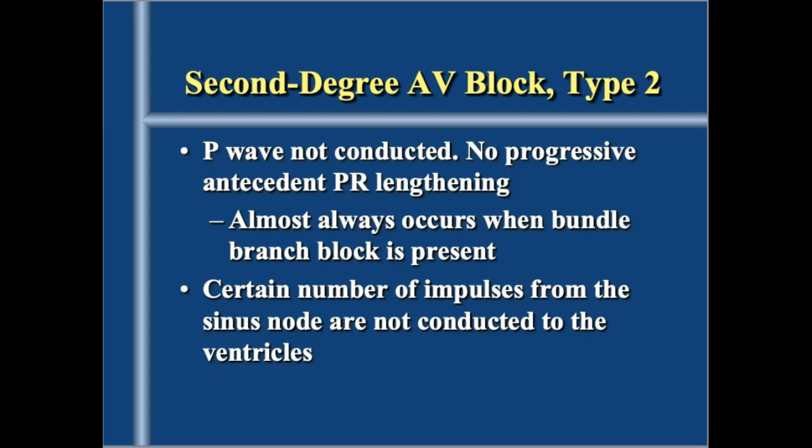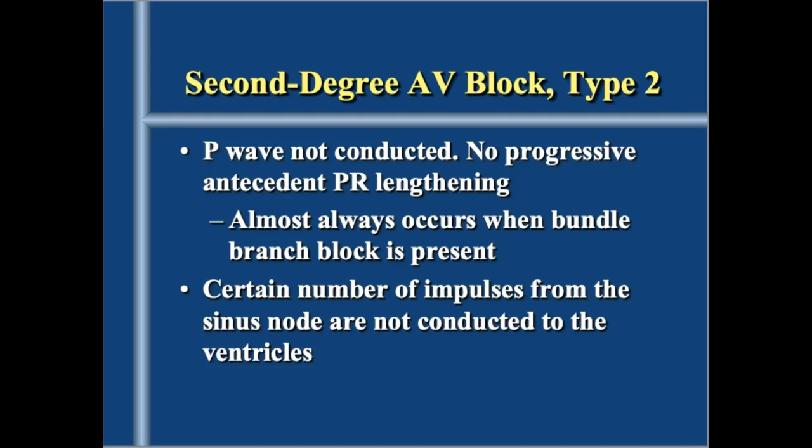We just see a nice normal P, QRS, P, QRS, P, QRS, P, nothing. This almost always happens when a bundle branch block is present, and just a certain number of impulses from the sinus node are not being conducted. We get no warning. None of the widening that's going on with the type 1. So this is a much more serious block.